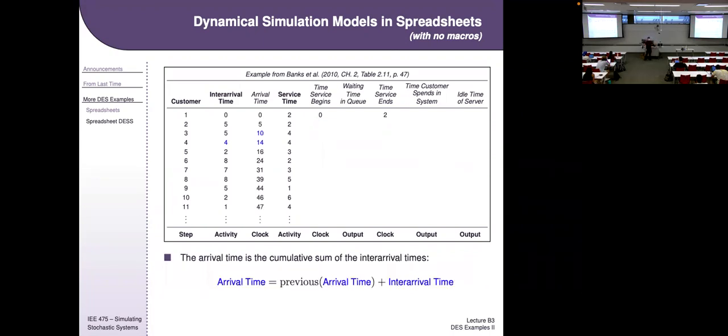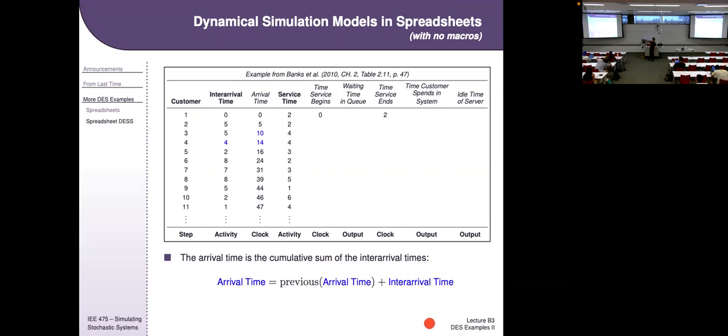So the easiest one of these is probably arrival time. If we look at the arrival time column here, it is the case from customer to customer, and I mentioned this before when we were talking about activities, that the next arrival time is always the previous arrival time plus the corresponding inter-arrival time.